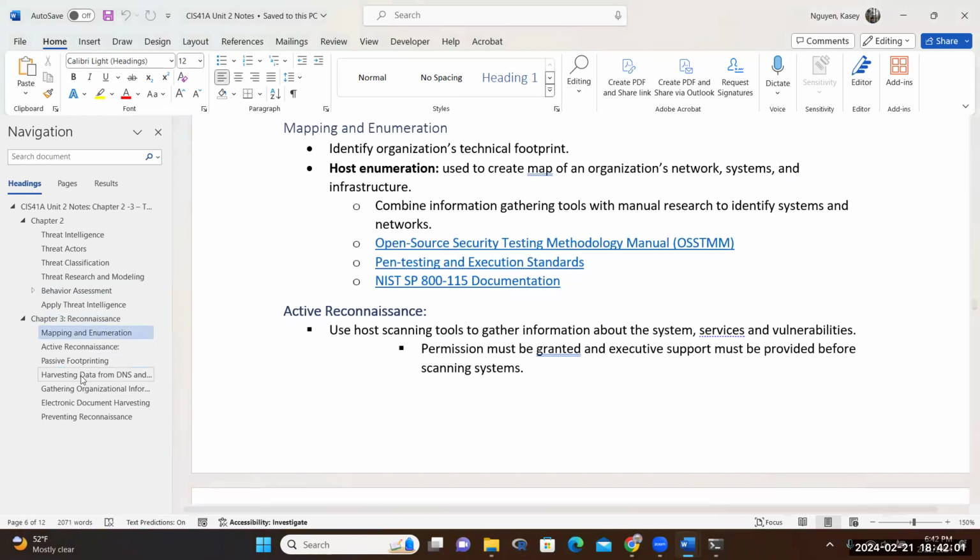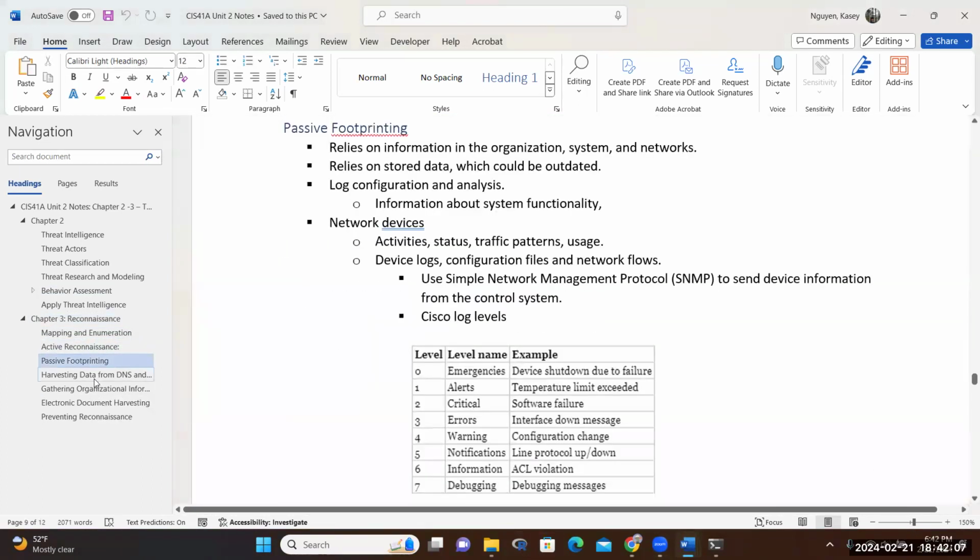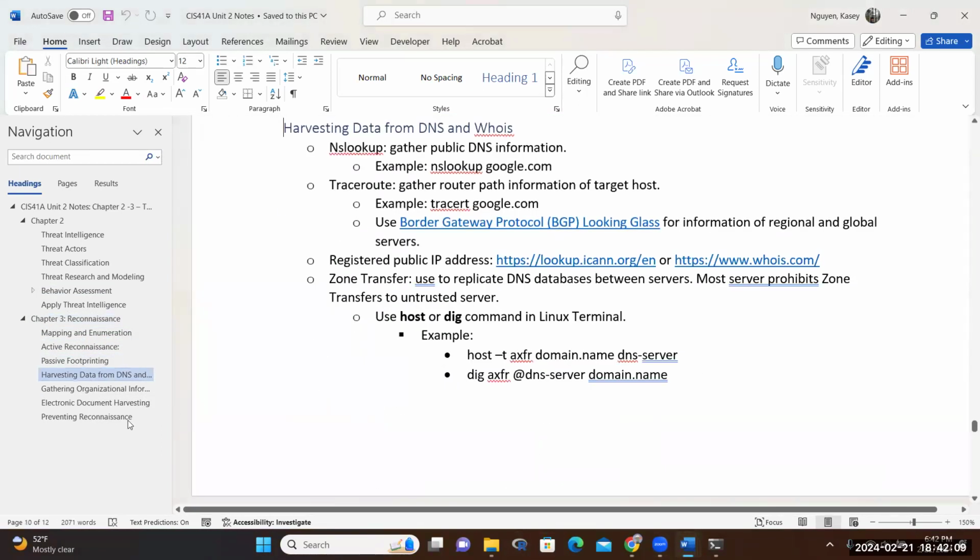So it goes over host enumeration, passive and active footprinting, harvesting data and DNS. We did some of that.